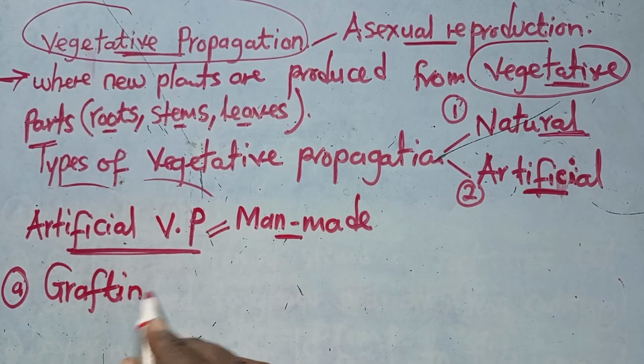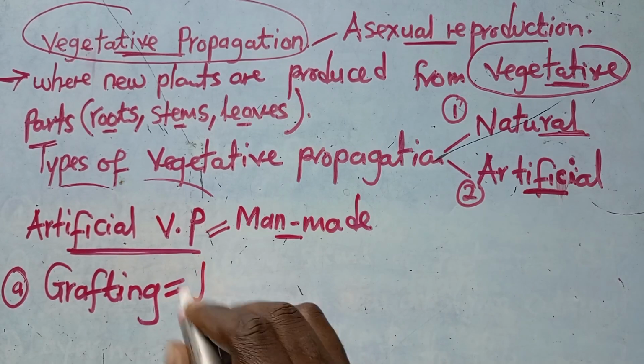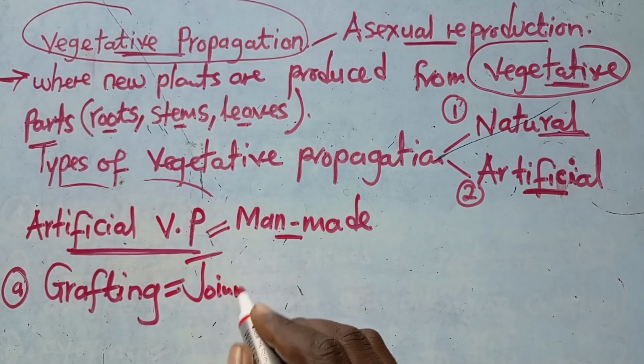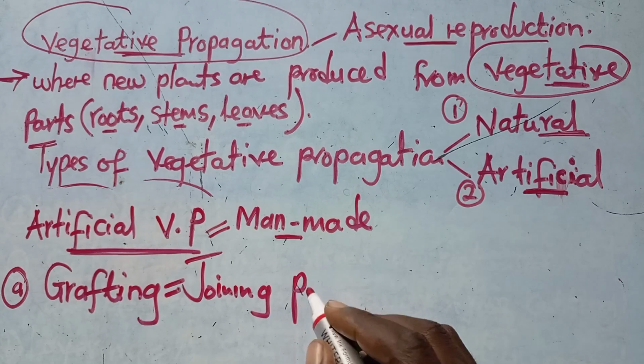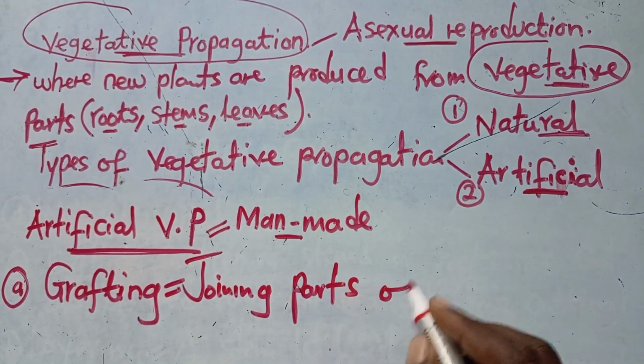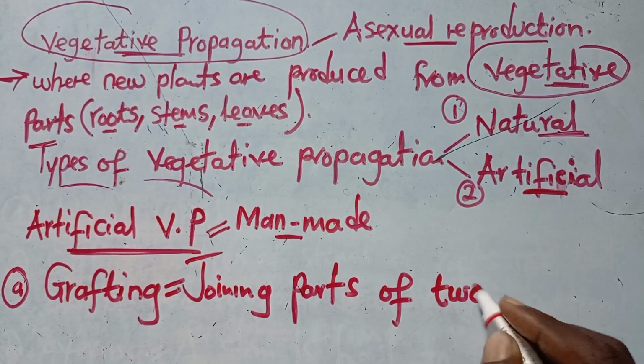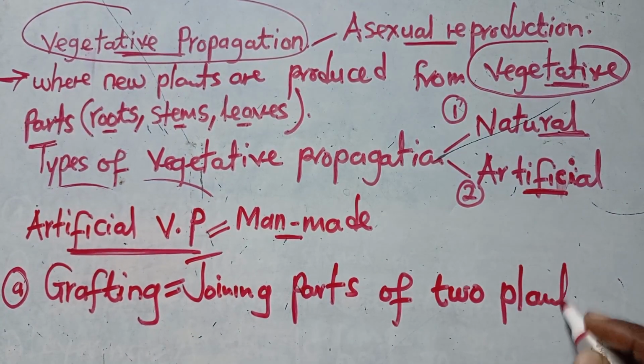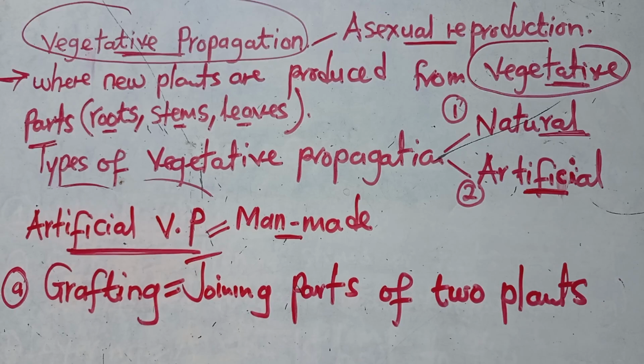So what is grafting? When we are talking about grafting, you have to understand that this is just the joining of parts of two plants together, so that they can grow as one.